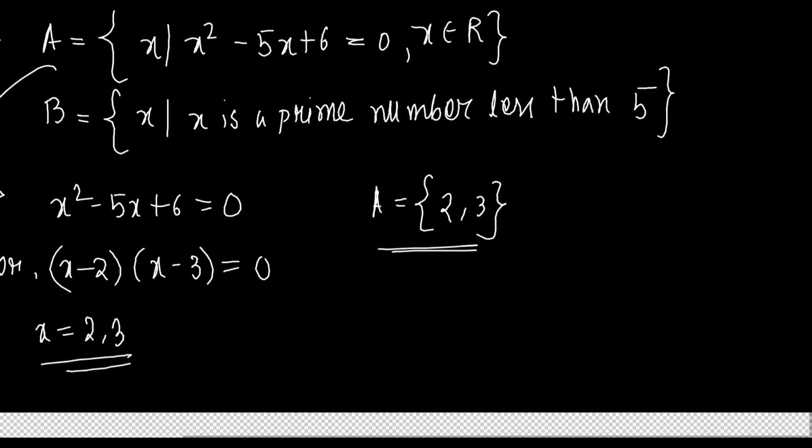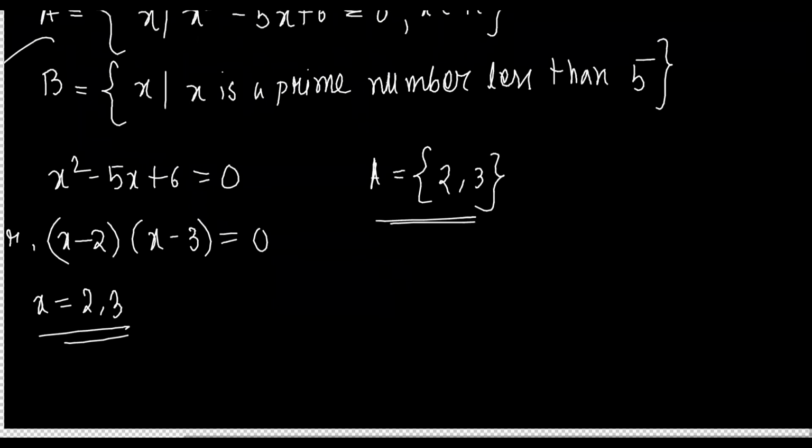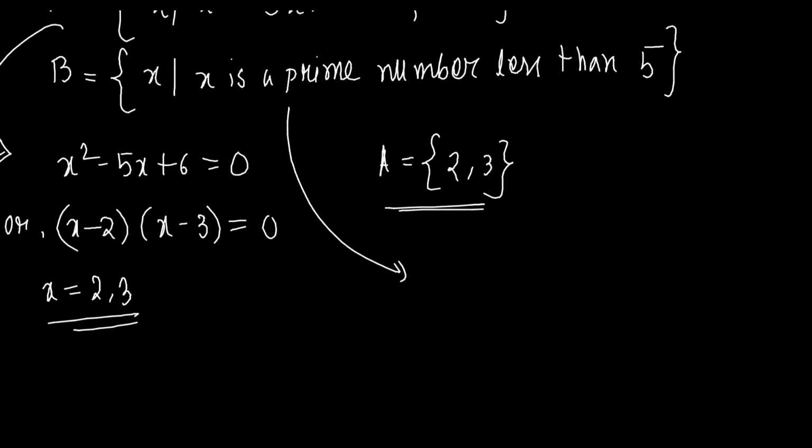Okay. And in the set B, it is given that B is a set where the values of x are such that x is a prime number less than 5. So less than 5, the prime numbers are only 2, which is a prime number, and 3, which is a prime number. 1 is not a prime number.